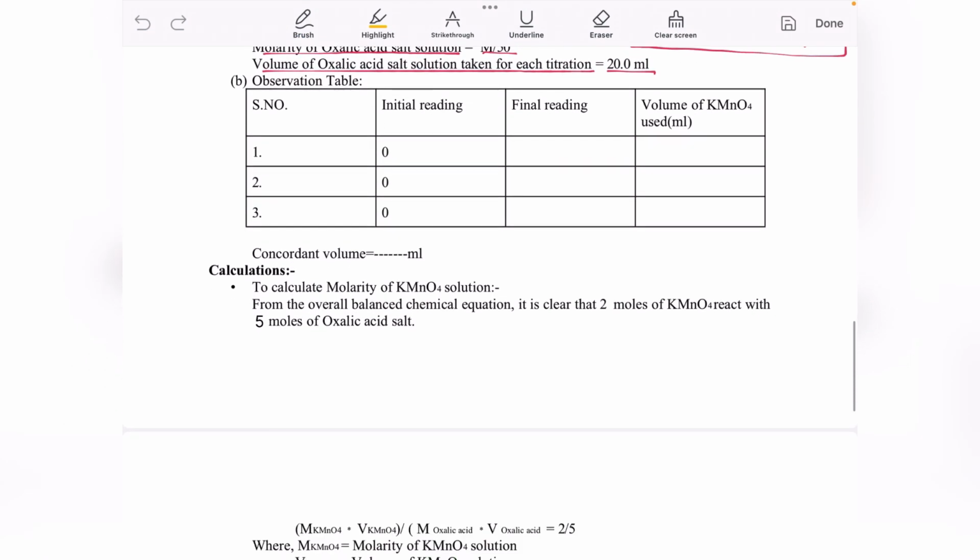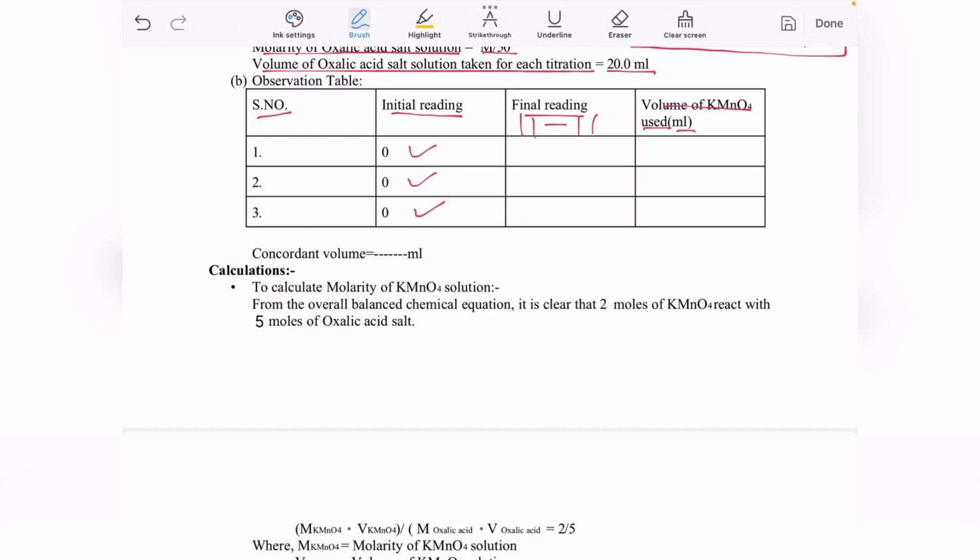Now the next step is the observation table. Again 4 columns. First for the serial number, next one is the initial reading, then final, and then the volume of KMnO4 used in ml. Initial reading, we always take 0 ml. Final reading, as I told you earlier, volume of KMnO4 used comes in the range of 11 to 16 ml.